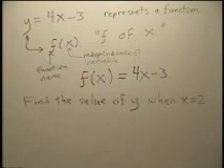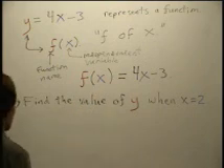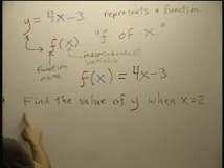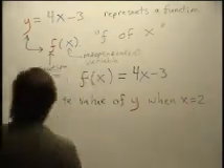So why do we use this notation? We use this notation to show the dependence of the function value on the value of our independent variable. And this is very convenient when we want to find the value of the function given the value of the variable.